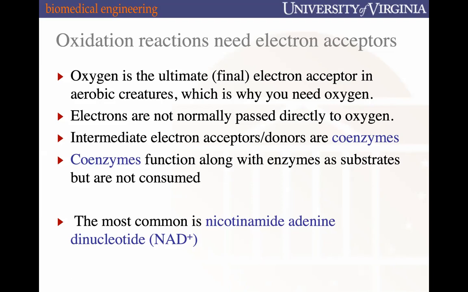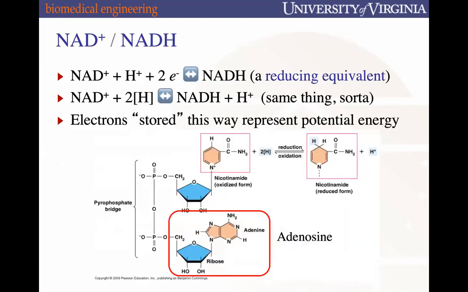The most common coenzyme or electron acceptor that we're going to refer to throughout this lecture and the next lecture is called nicotinamide adenine dinucleotide. That's going to be my last time saying the whole name. We usually refer to it as NAD. When NAD accepts a proton, in the form of a positive hydrogen ion, and two electrons, it becomes its reduced equivalent.